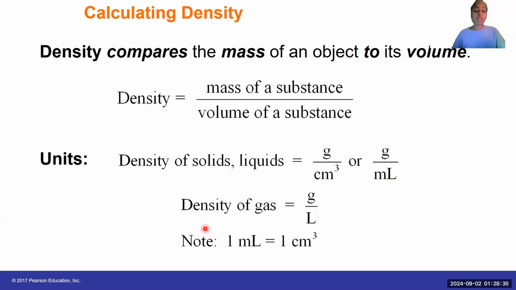If we're taking a look at the density of gases, it's going to be measured in grams per liter. Note that 1 milliliter is equal to 1 centimeter cubed, which is equal to 1 cc.